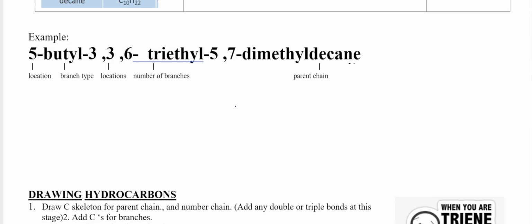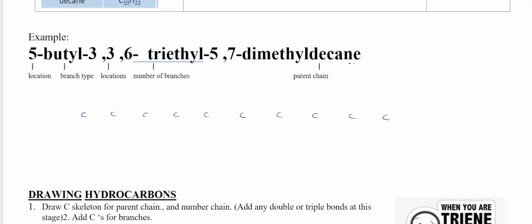So I'm going to start us off by drawing out 10 carbons. So 1, 2, 3, 4, 5, 6, 7, 8, 9, 10. And as you can see, I've spaced them out fairly evenly. All right, so that's my parent chain of carbon.